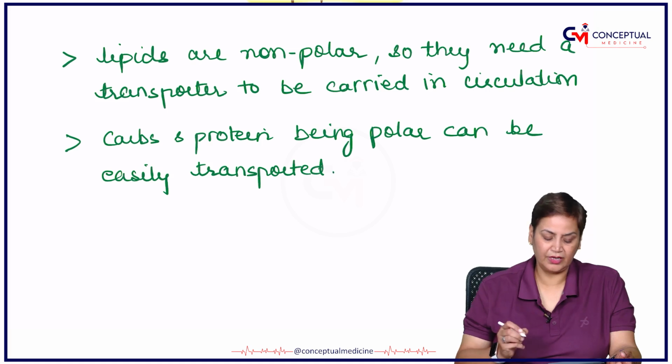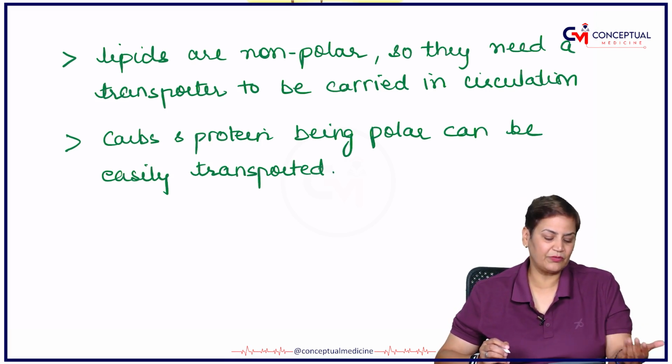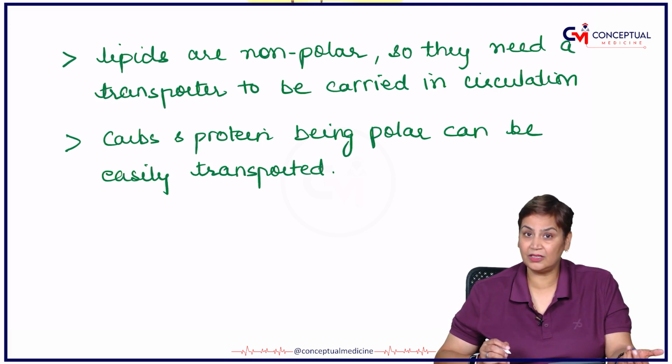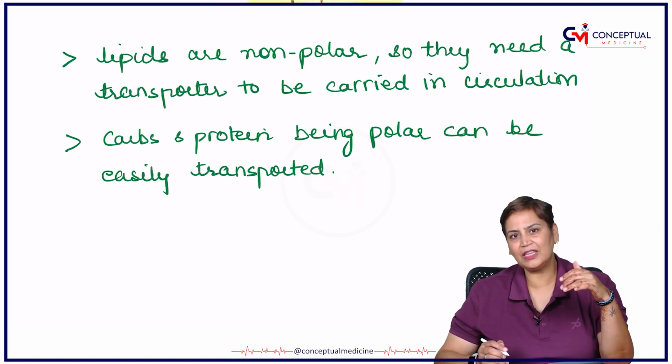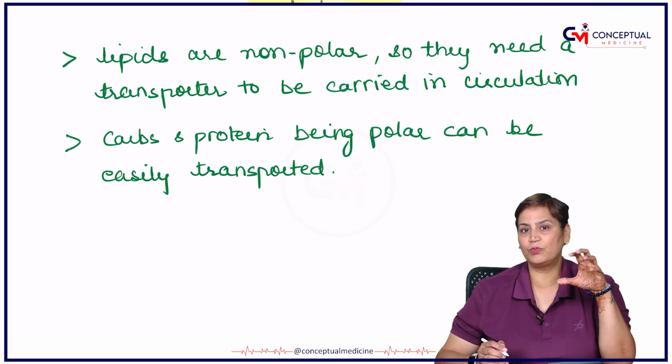It's like, just suppose we have to travel from one distance to another, we cannot walk. So we are going to take another means of communication, maybe a train, maybe a bus or something like that. So lipids, whenever they move in circulation, will always seek the help of these proteins.